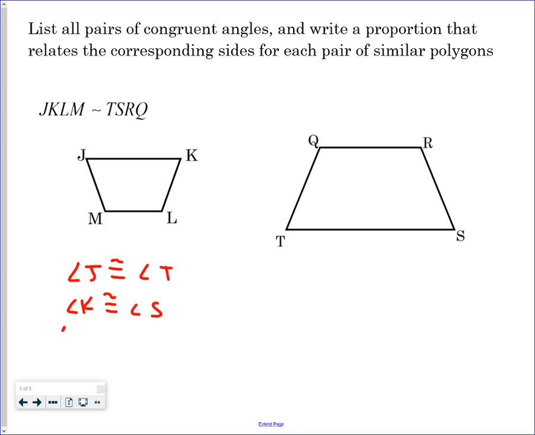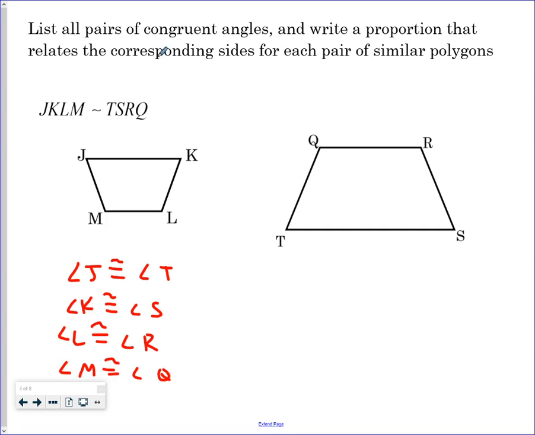S, right? And then angle L would be congruent to angle R, and angle M congruent to angle Q. Very good. Super easy, right? Some people can just look at that picture and know which one goes with which. That's not something that's easy for me. I prefer to use the similarity statement, okay?